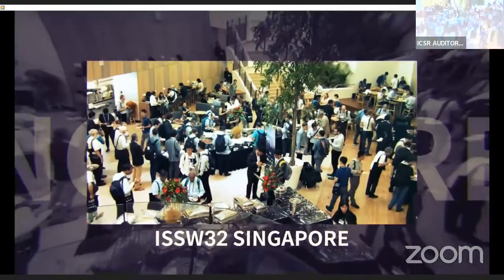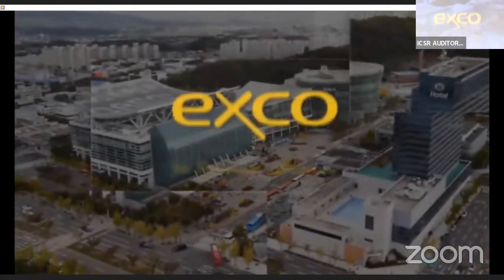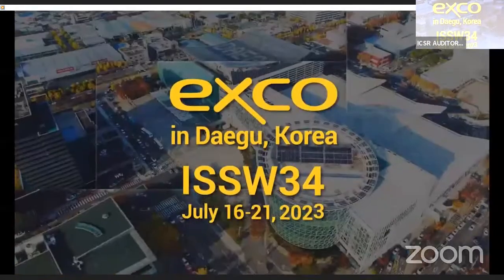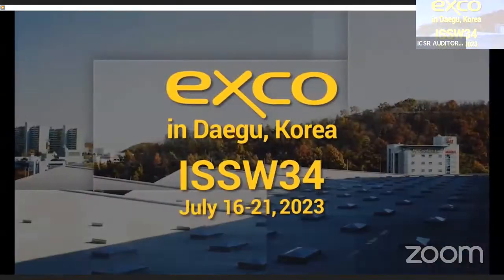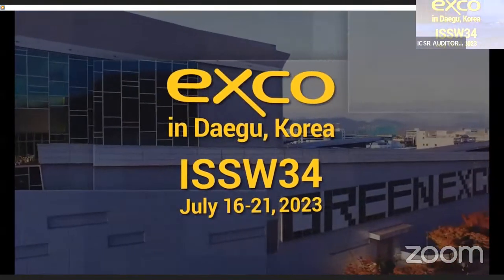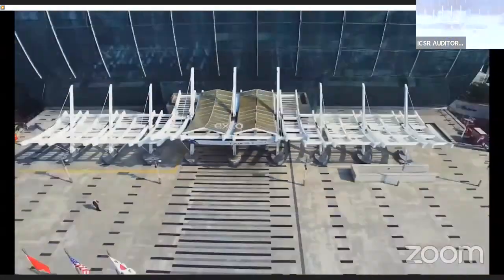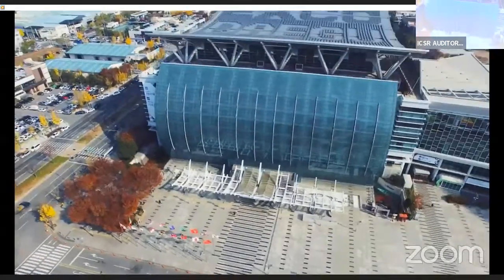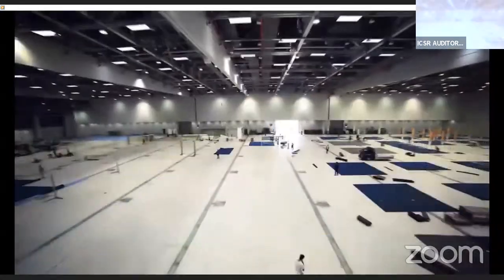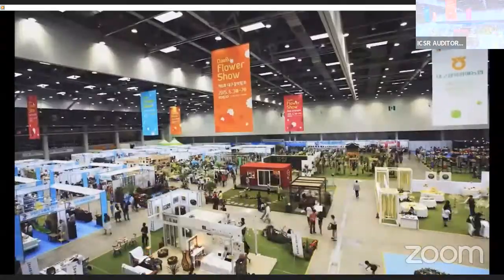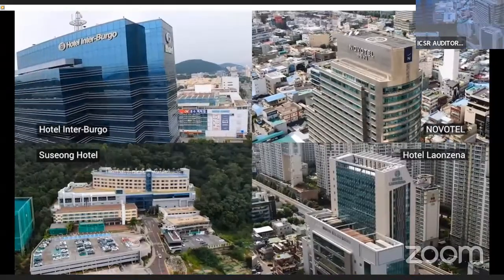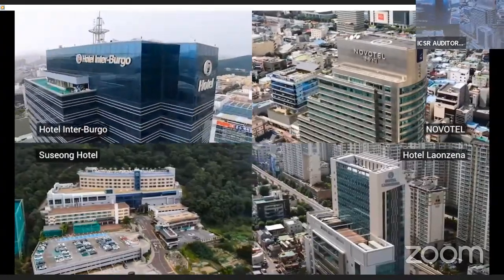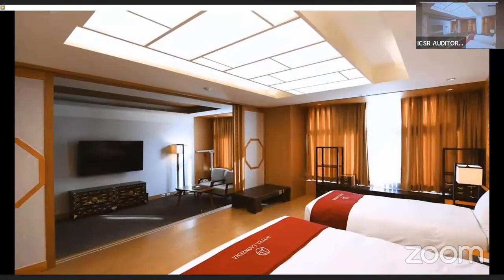And we are honored to carry on the tradition through the 34th ISSW to be held from July 16th to the 21st in 2023 at Daegu EXCO, Korea. EXCO is the optimal venue for a large-scale international event like ISSW. It comes equipped with world-class IT facilities, a variety of nearby amenities, accommodations, and dining options.